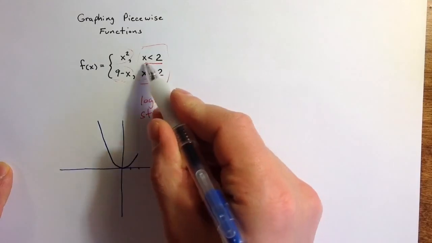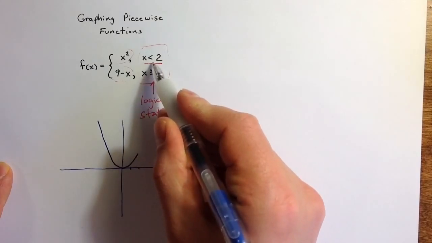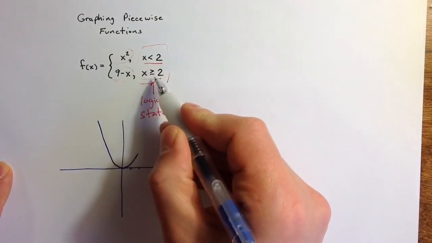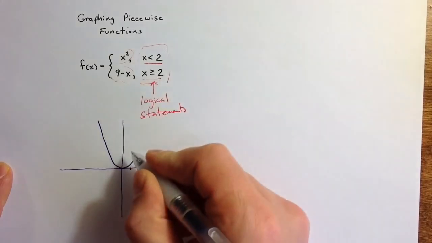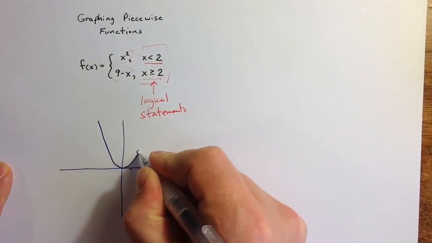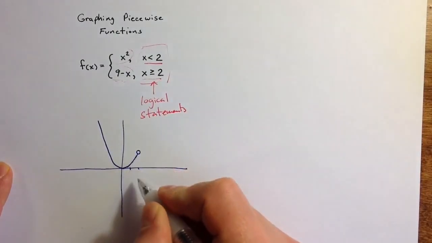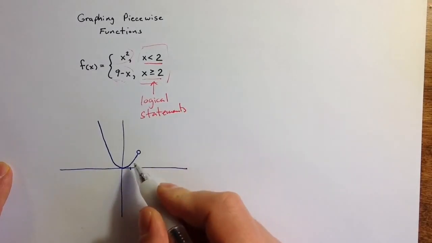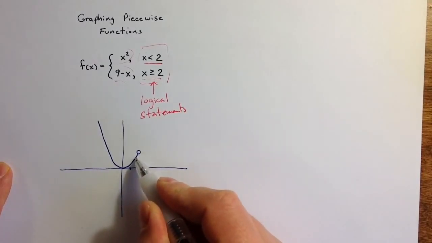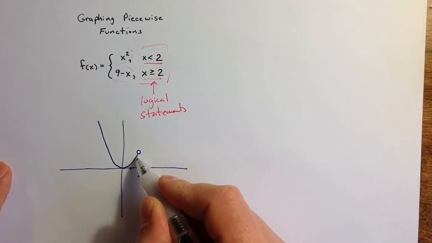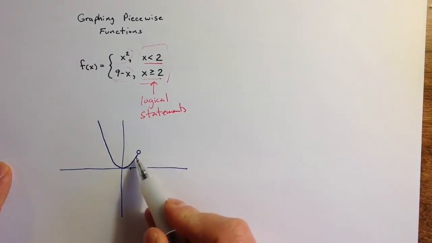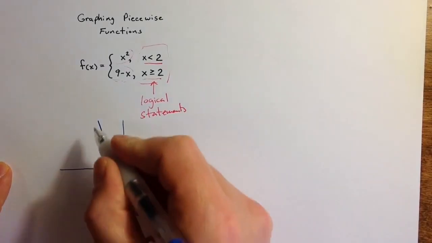Exactly at 2, this is a strict inequality, so exactly at 2 we're actually going to use the other formula. So I'm going to put an open dot there to represent that the function isn't defined there at 2, but I can get as close to 2 as I'd like. So if I wanted to figure out the value of the function at 1.9 or 1.99, I can get as close to that open dot as I'd like.